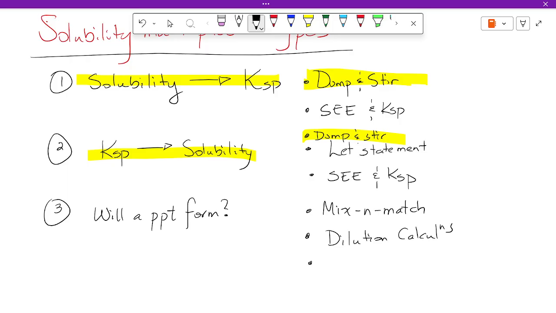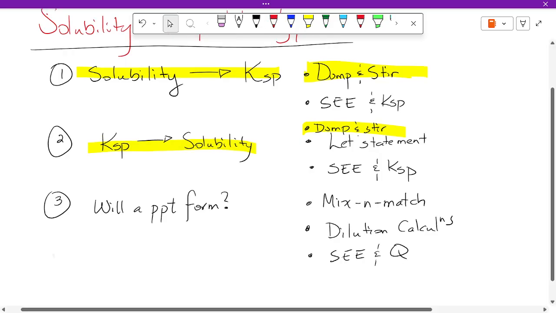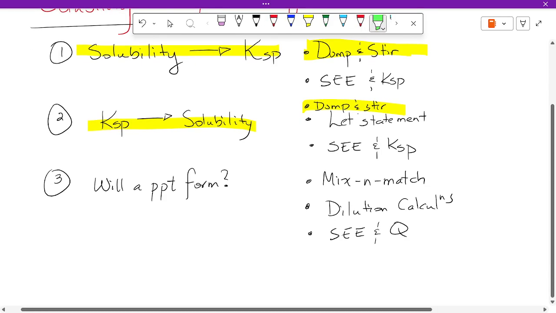You will use the solubility equilibrium equation and Q. So will a precipitate form is a mix and match.